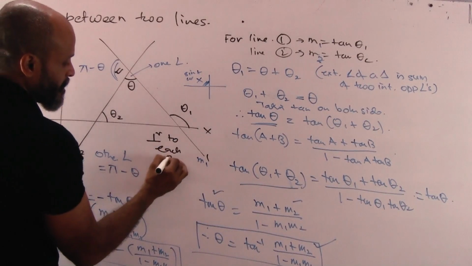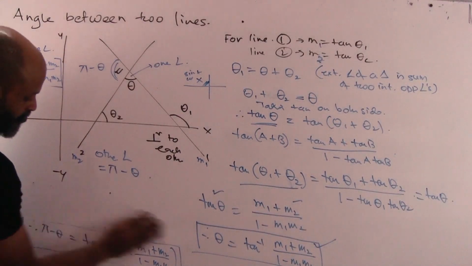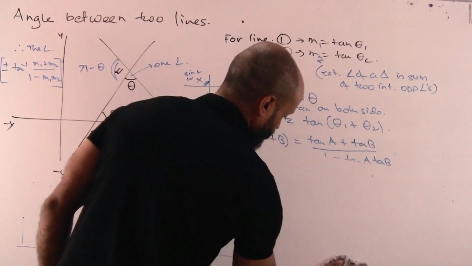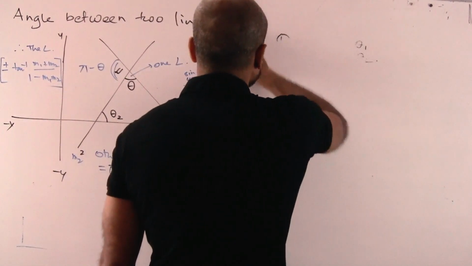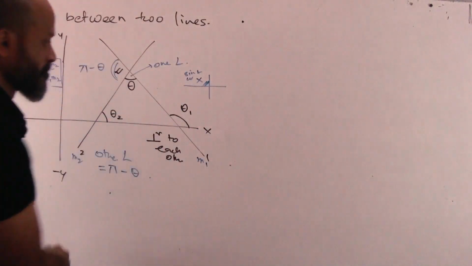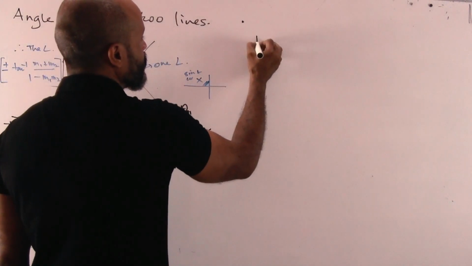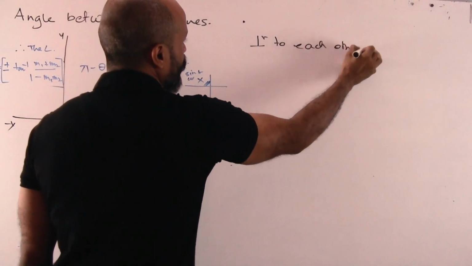what will happen? If the two lines are perpendicular to each other, let me rub the board a little. So, the two lines are perpendicular to each other. What will we have here?